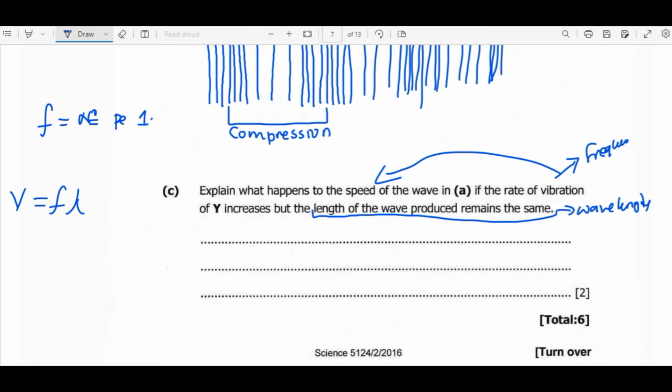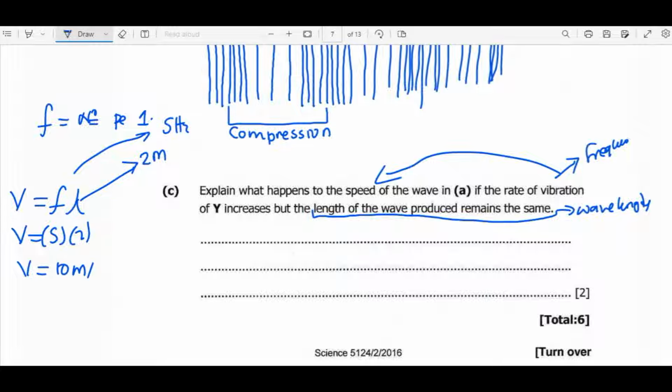If that is the case, let's make some numbers. Let's say our wavelength is 2 meters, and at a normal rate of producing this vibration, we have 5 hertz. So for the speed, where there is frequency we put 5, then here we put 2. This will give us 10 meters per second.